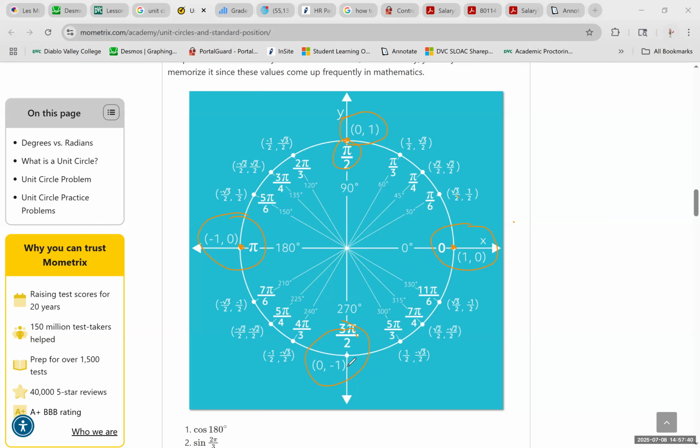This one, 0, -1. Those are so easy to just not even remember, just know, because it's a circle of radius 1. And then I can say, oh yeah, the cosine of 0 degrees, or 0 radians, is 1. The sine is 0. The tangent is 0 over 1, which is 0. And that makes it a lot easier.